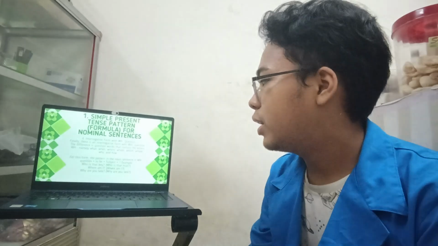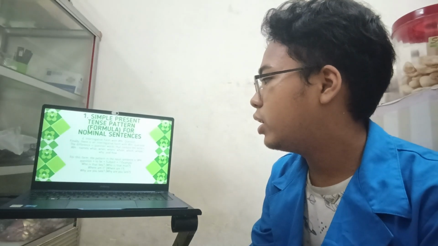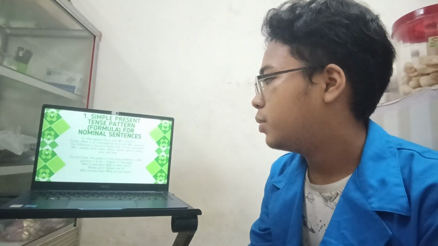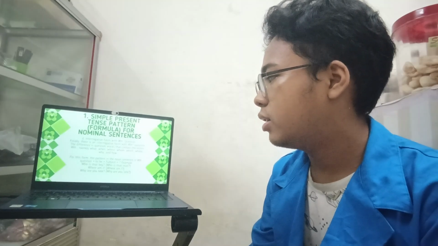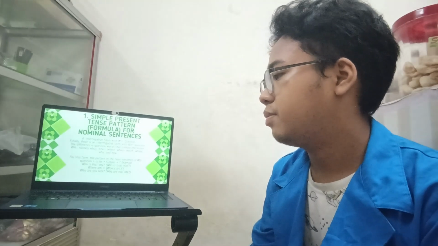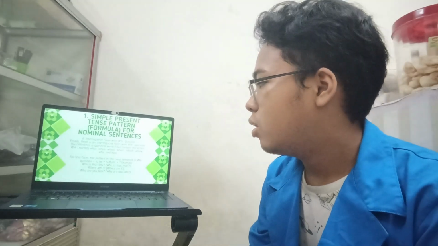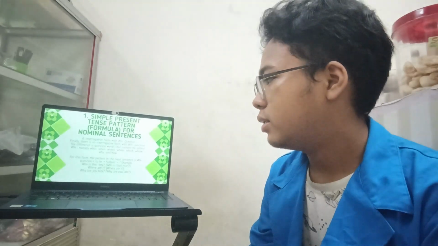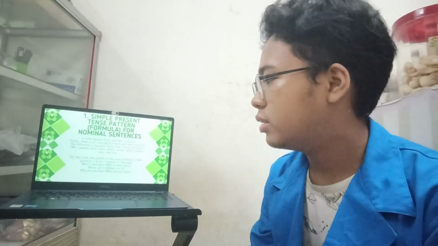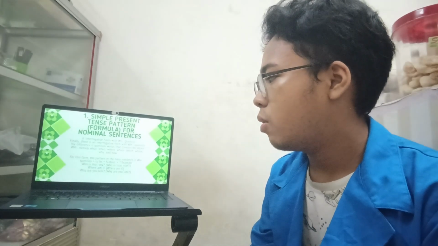For this form, the pattern for the noun sentence is WH question plus to be plus subject plus question mark. For example, who is that boy? Where am I? Or why are you late?